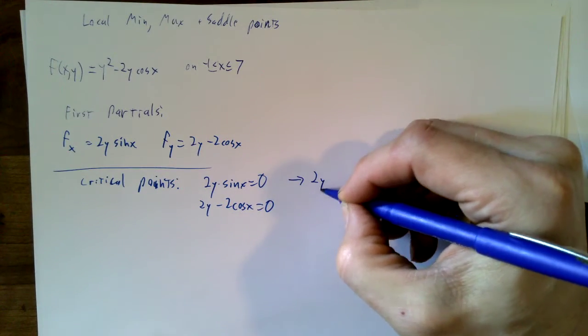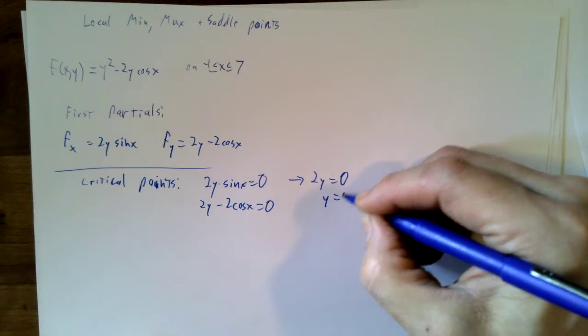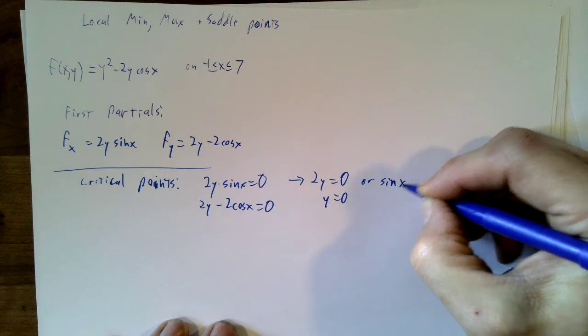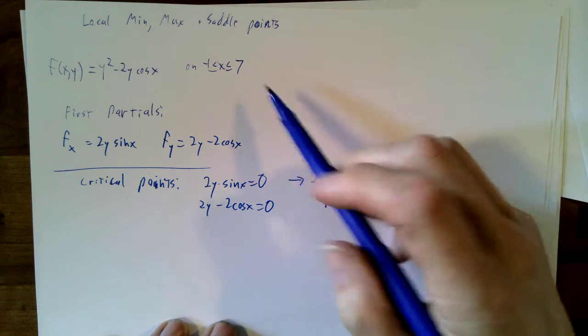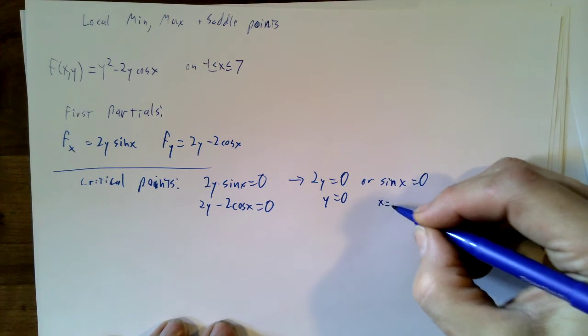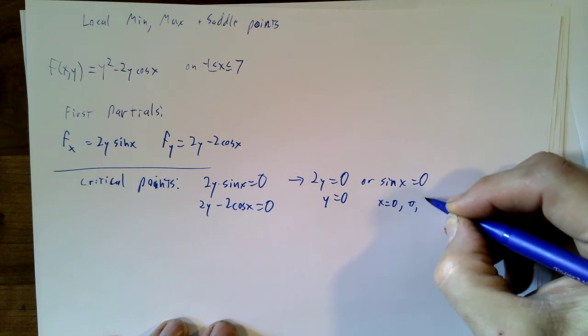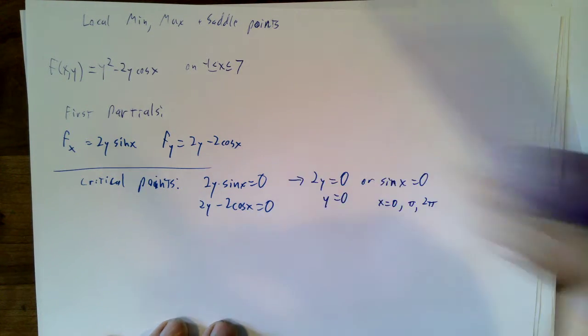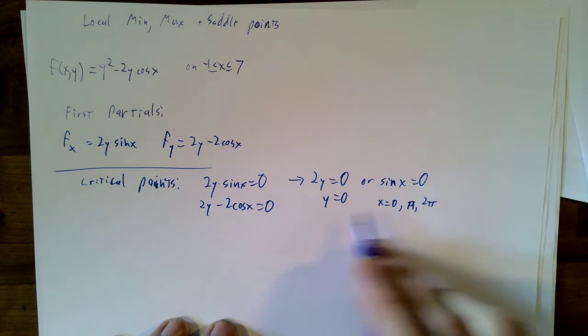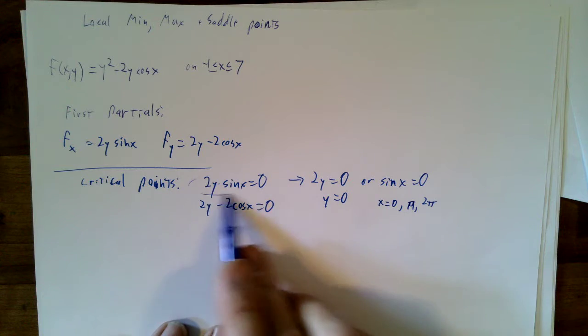It tells me either 2y is equal to 0 at this point, or sine x is equal to 0, which within our x values that we're looking at is going to be at 0, pi, and 2 pi. And that would be it within that region of the plane anyway. So we've got those possibilities just from here.